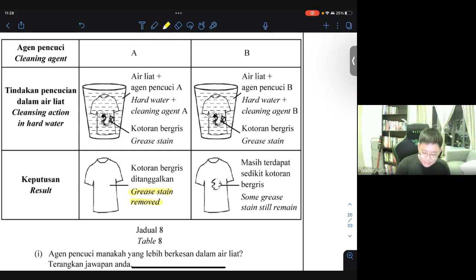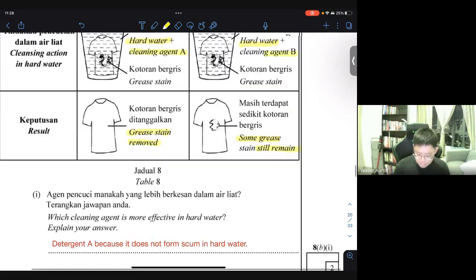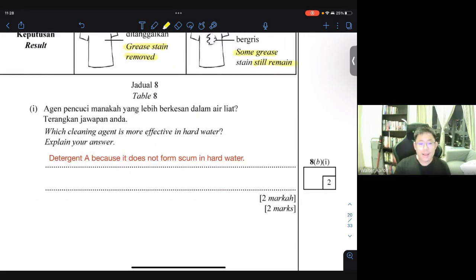You put agent A inside, agitate it, wash it, and then the grease stain is removed. For B it is different. Hot water plus agent B. After you wash, some of the grease still remains, which means it is not clean. So explain why A is more effective in hot water.